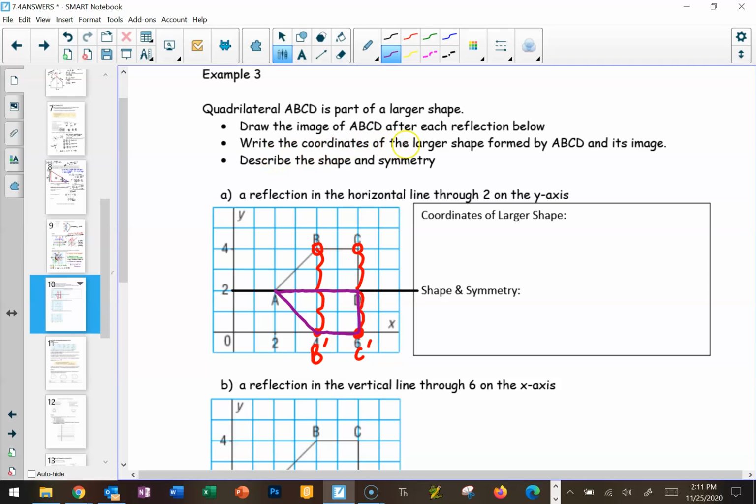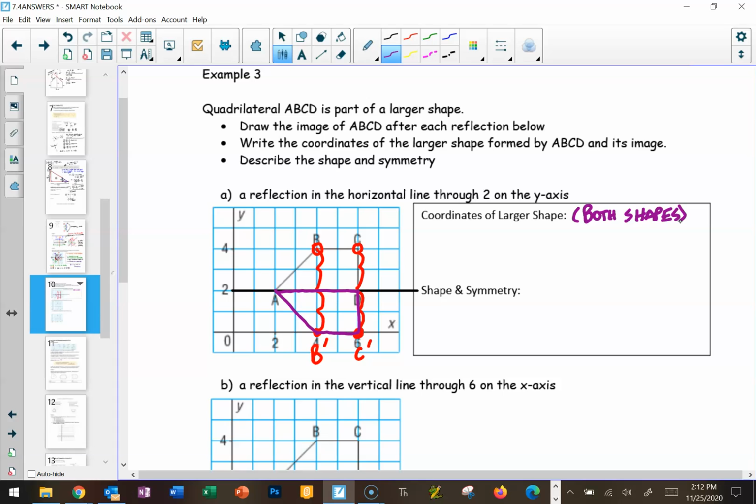So it says, write the coordinates of the larger shape formed by ABCD, and its image, and then describe the shape and its symmetry. So when it says the coordinates of the larger shape formed by ABCD, what it really means is both shapes, I think.